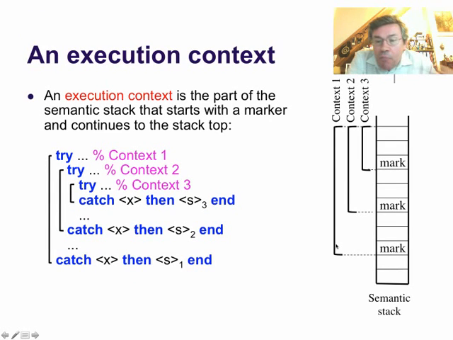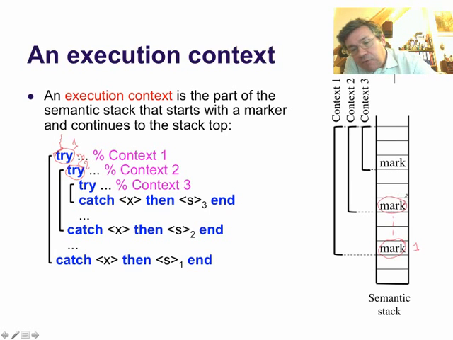To make it more clear in terms of a picture, what are the contexts and how they relate to these instructions? Here are three nested try instructions. I'm coming down here, I execute the first try instruction. This will put in the first mark here. Execution continues. Eventually I reach the second try instruction. This will put a second mark here. Execution continues.